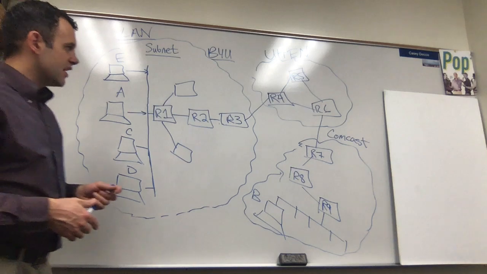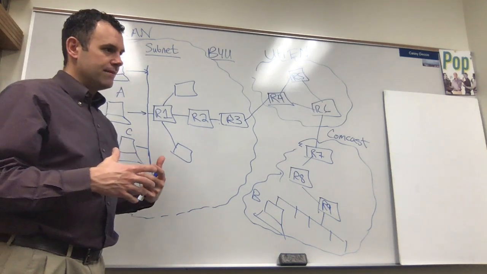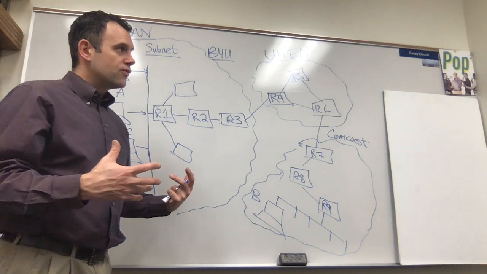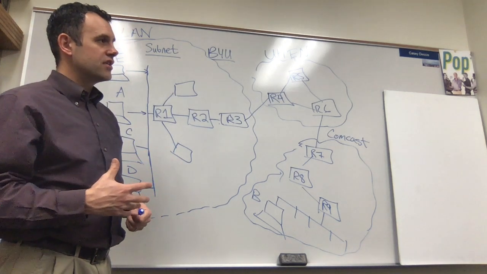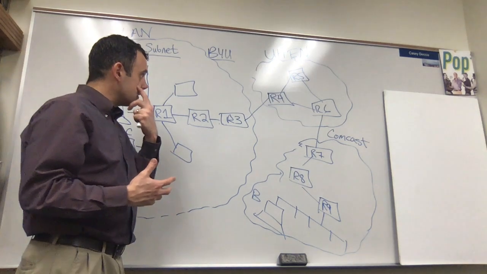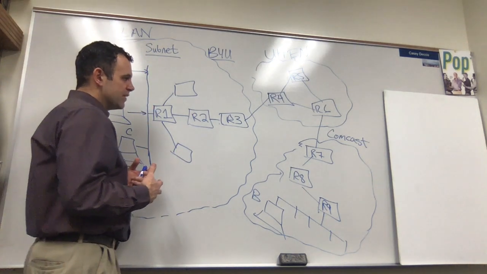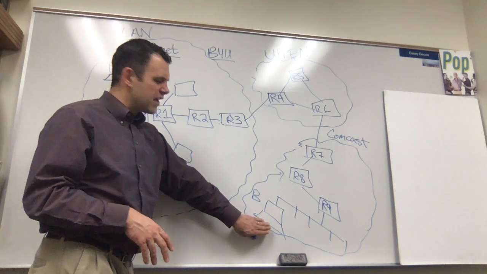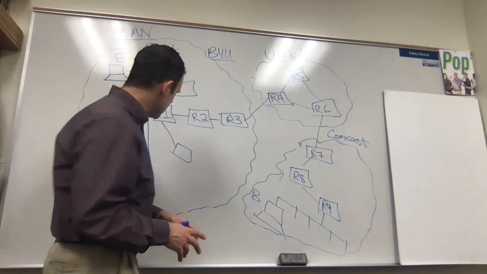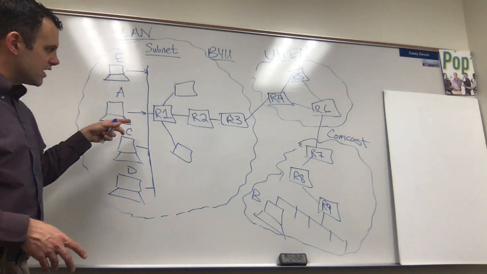Now, some of these networks across the internet are countrywide. So, for example, there are a few networks that we would consider transit networks. They don't necessarily have a lot of end hosts on there, like, I've shown B down here as sort of an end host, and A and C and D over here as end hosts.